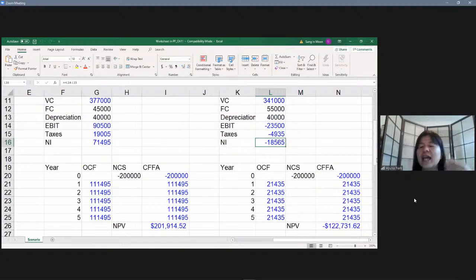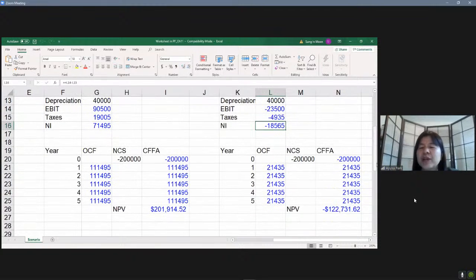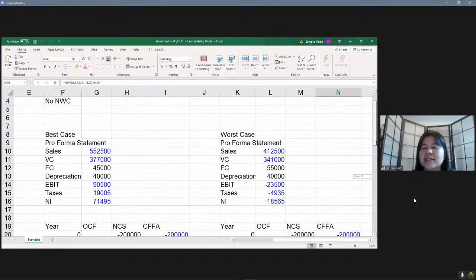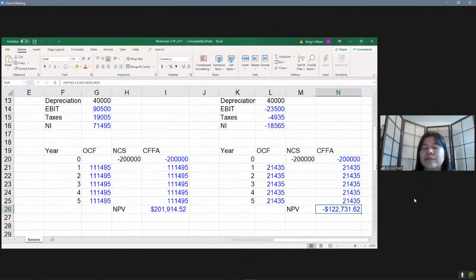Because of the tax benefit this will generate because of the loss. So operating cash flow is positive, but definitely not enough to cover the investment needed for this project. So NPV is hugely negative. More than 120,000 will be lost. So that's how to calculate the worst case NPV.